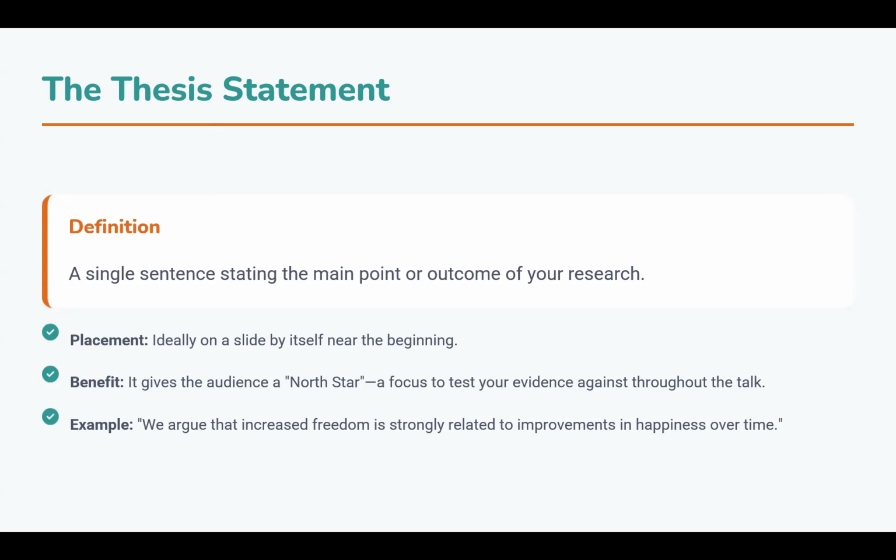Say, for example, we argue that increased freedom is strongly related to improvements in happiness over time. Now, this is a humanities example. Before you start delineating, revealing your whole research, you start with your outcome first, your main point first, and tell that in this presentation, I argue that to reach this destination, I followed through these lines.